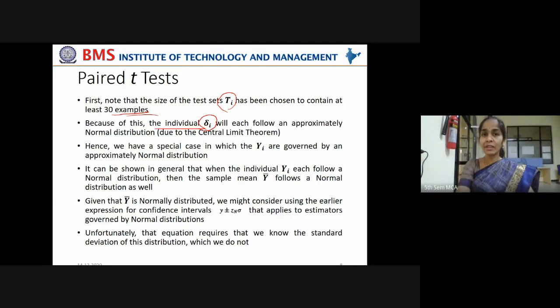Okay, now because of this, the individual delta I, that is the difference in the errors of the learning algorithms, will each follow an approximately normal distribution due to the central limit theorem. Whenever you have a sufficiently large sample, the errors follow the central limit theorem, indicating that most of these errors fall within the moderate range around the mean of the normal distribution.